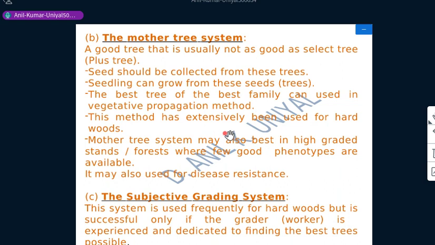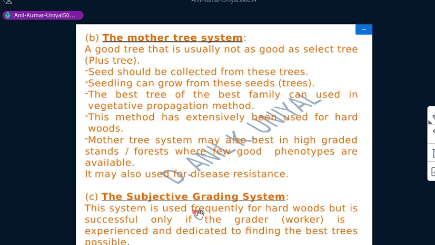This method has extensively been used for hardwood species. The mother tree system may also be best in high graded stands or forests where very few good phenotypes are available. Okay, it's good because with the mother tree system, its progenies will be available for selection. Actually, it may also be used for disease resistance purposes.